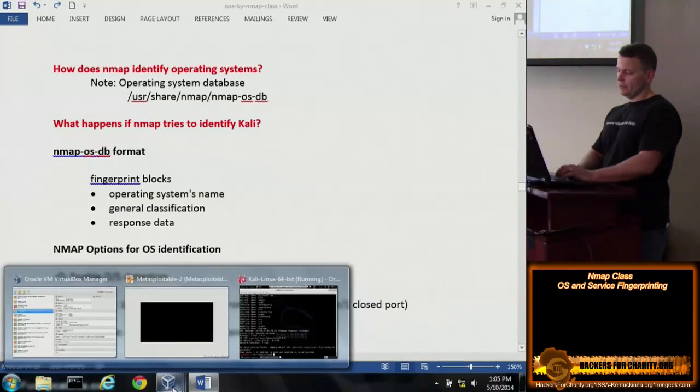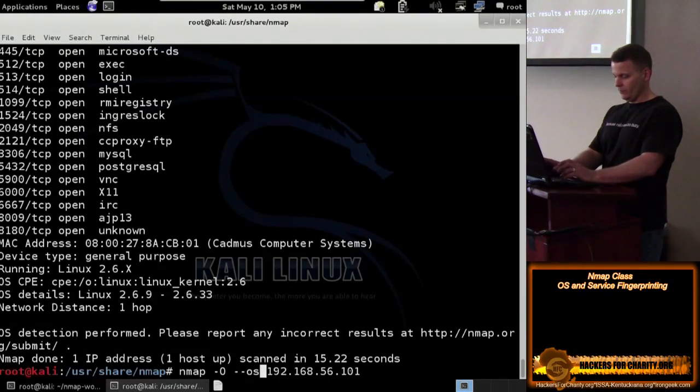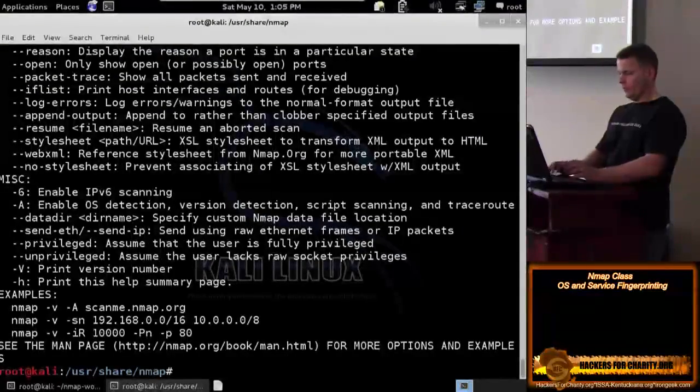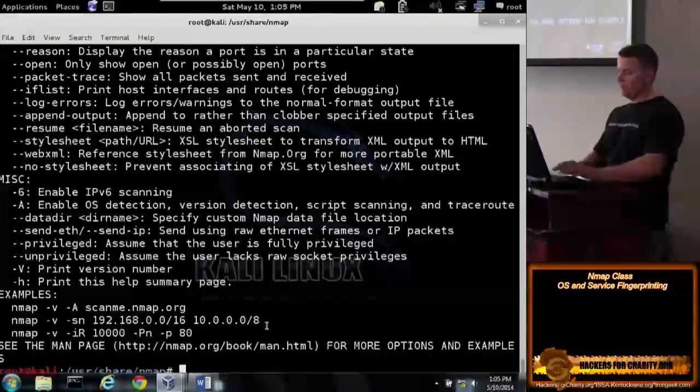So we'll try those. Do an OS limit first. Let's see, I think I got the syntax wrong. Oh, osscan-limit, sorry. I even said it wrong.